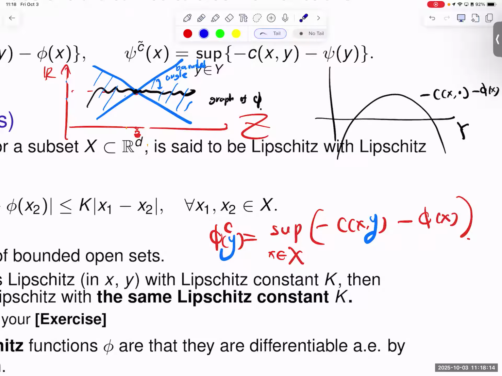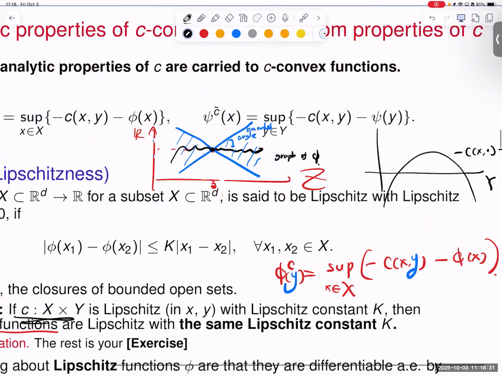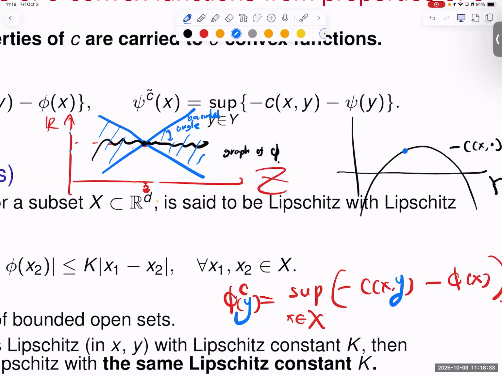Okay, and this function depends on each x. For different x, you have different functions like that. Okay, and then what you know is that this function is, let's say we assume that this function is Lipschitz. So at each point on the graph, you have some cone having some fixed angle containing the graph.